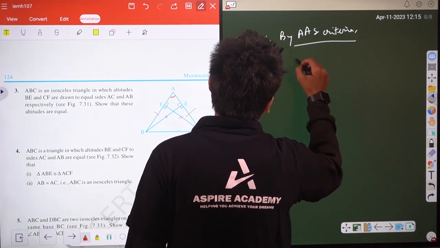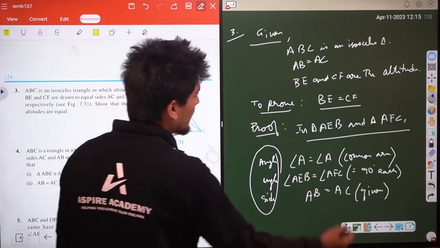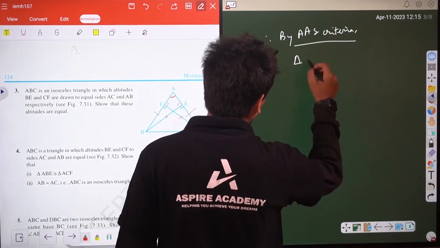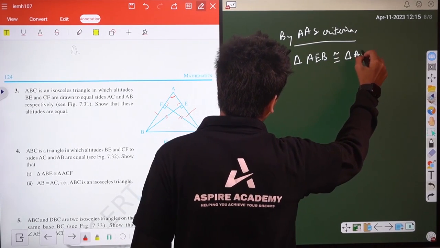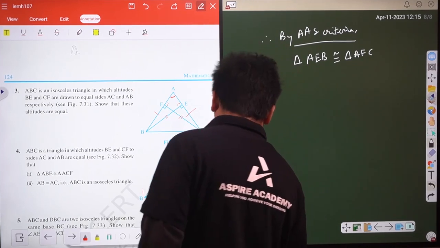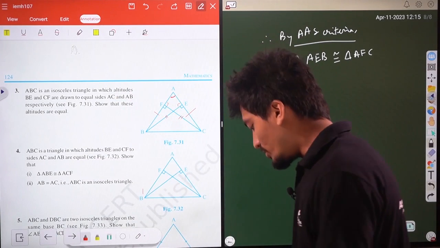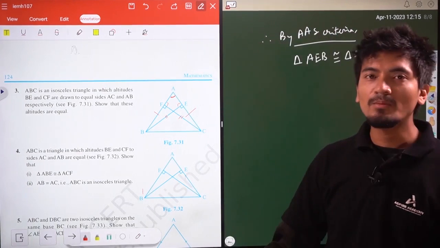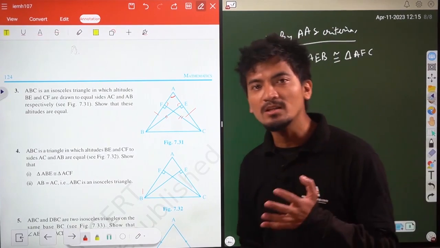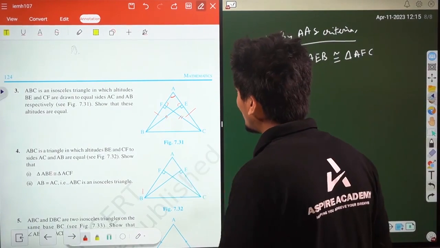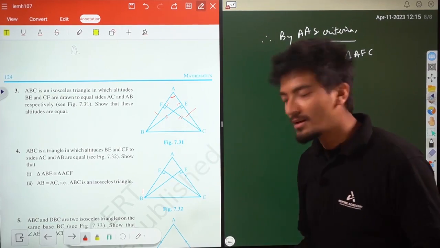We can say that triangle AEB and triangle AFC are congruent. Triangle AEB is congruent to triangle AFC, right? So that means these two triangles are congruent. Now, since these two triangles are congruent, therefore by using CPCT, that means corresponding parts of congruent triangles, we can say that the altitudes, that means the sides BE and CF, are also equal, right?